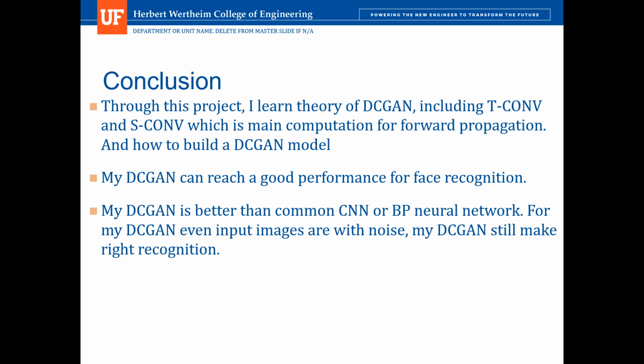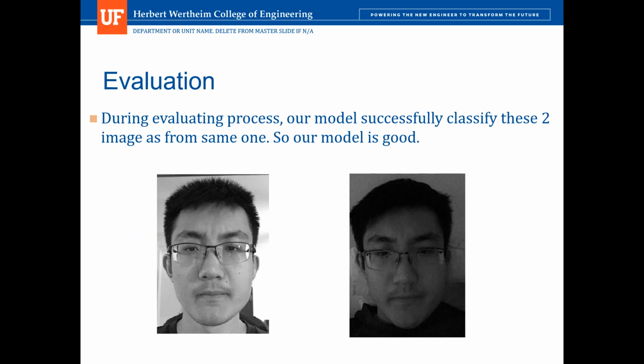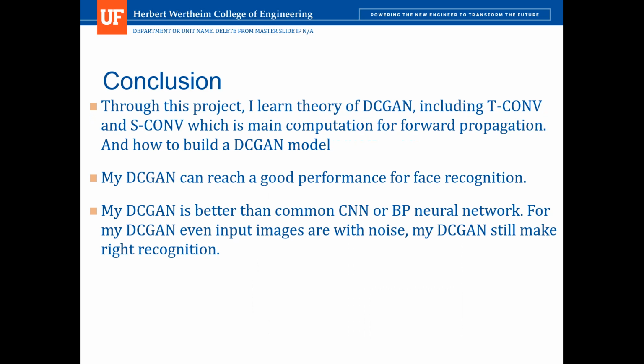For example, the input image for classification has much more noise than these two images, because it is a generated image from the generator.